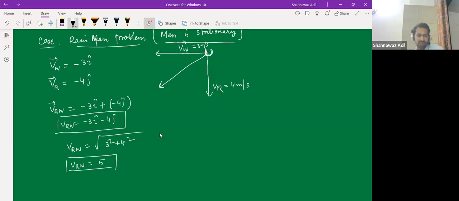Now we have to find the angle at which we should hold the umbrella. So this is east, and this is north. We will hold the umbrella in this direction, and this is theta.